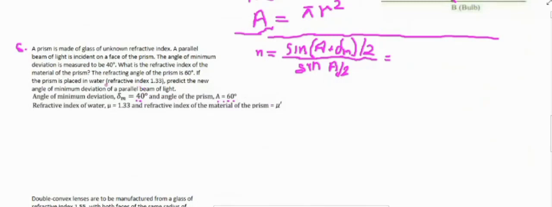If the prism is placed in water, the refractive index is given. Predict the new angle of minimum deviation. So what do you have to do? The prism is placed in water, and the refractive index of water is also given.